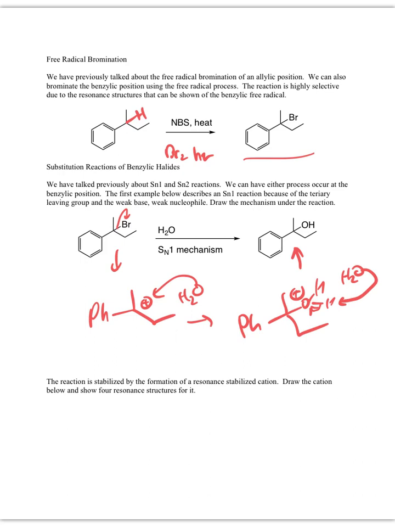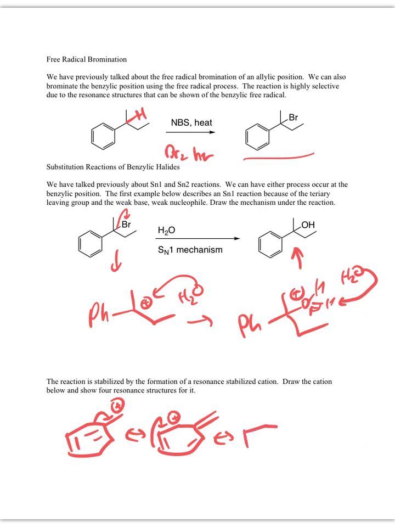Now this cation is very stable because, and we don't have to draw all the things off of it, but with the cation there, we can send electrons towards the cation and keep chasing the positive charge around the ring. Remember, the positive charge has no electrons in it, so we can't move it with an arrow because the arrow is moving electrons.